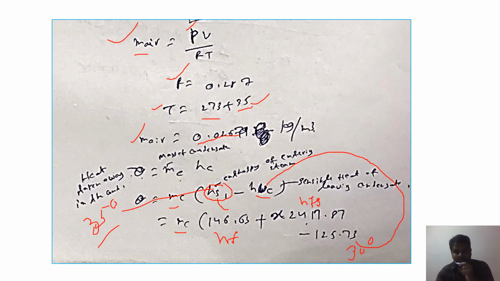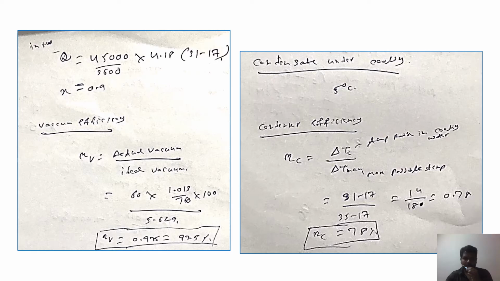We have to refer to the steam table at 30 degrees and take the enthalpy value. Once you substitute all the values, we will get the Q value. Once you substitute the Q value in the previous equation, we can find the dryness fraction, that is 0.9.